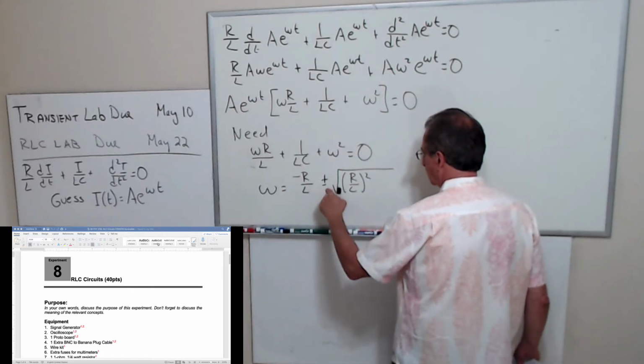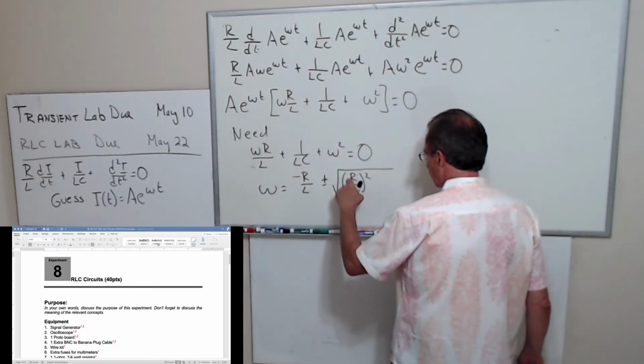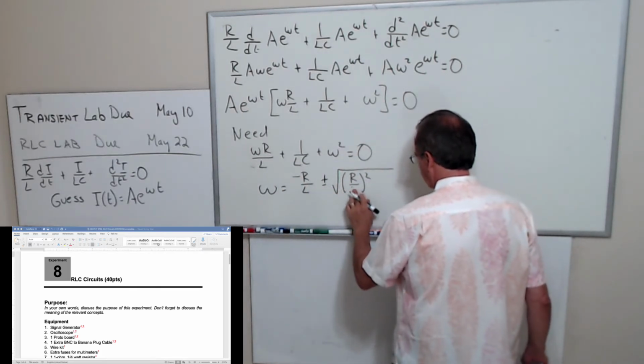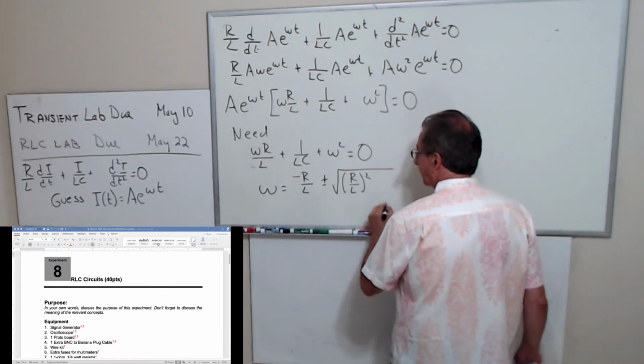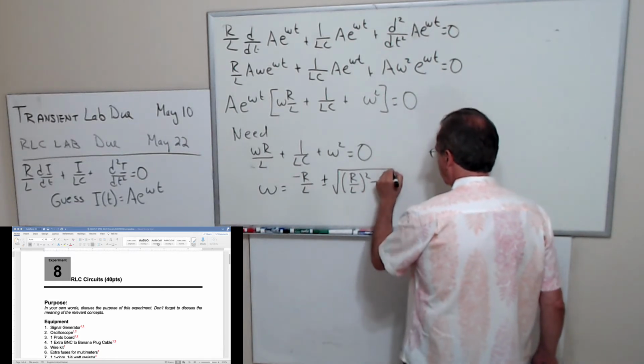Minus R over L plus or minus the square root of R over L squared minus 4 times this.